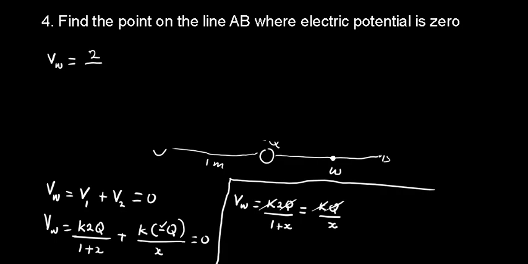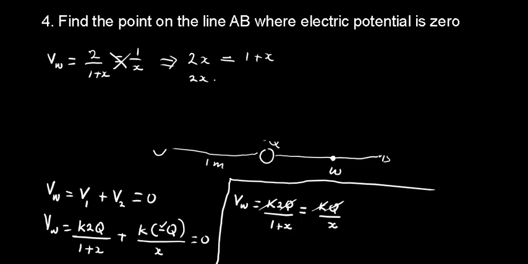We cross multiply, we have 2x is equal to 1 plus x. So 2x minus x is now equal to 1.